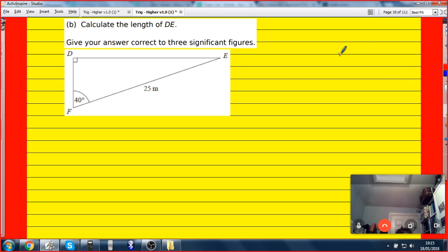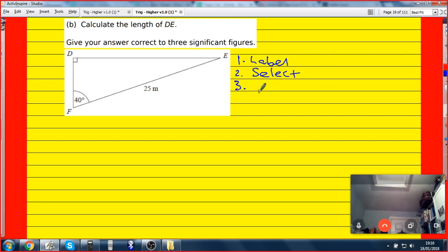Do you do the angle, and then whatever you're trying to find? Well, let's do it. Same steps.